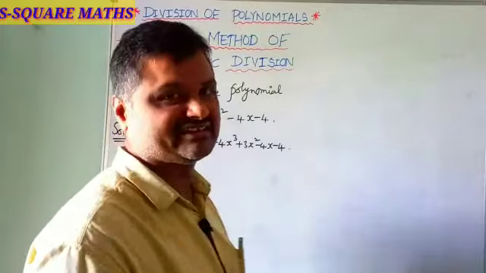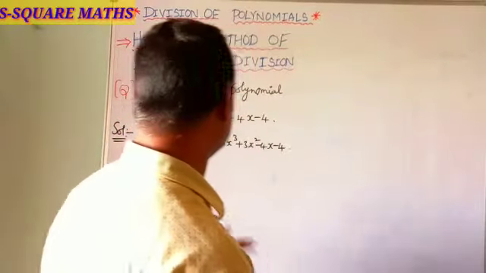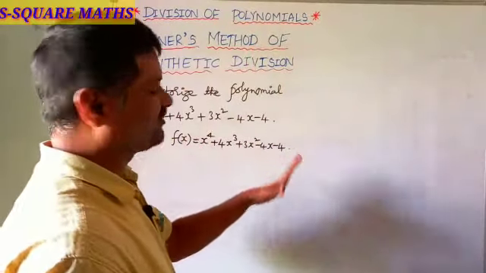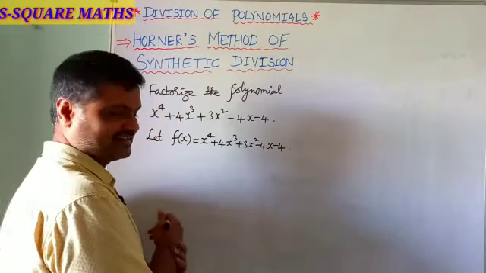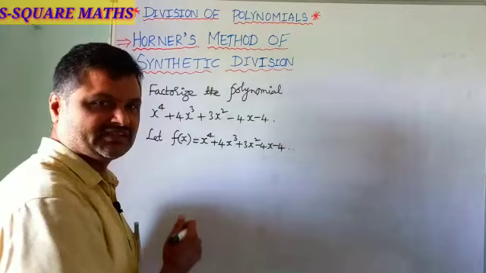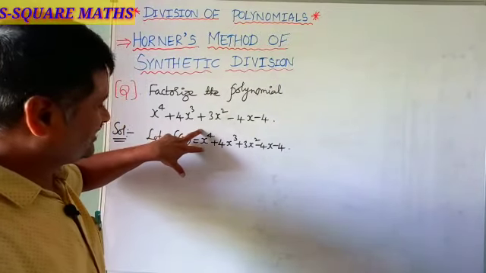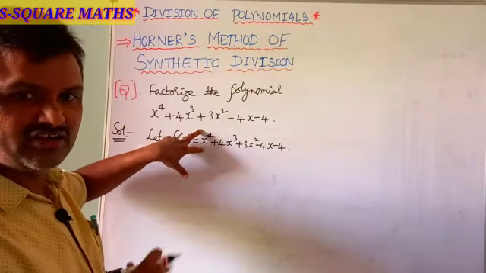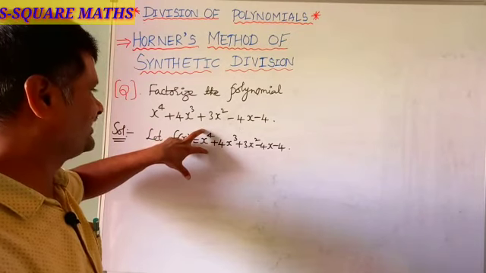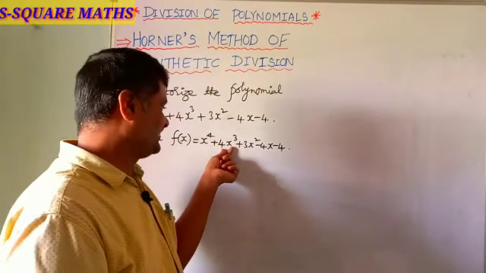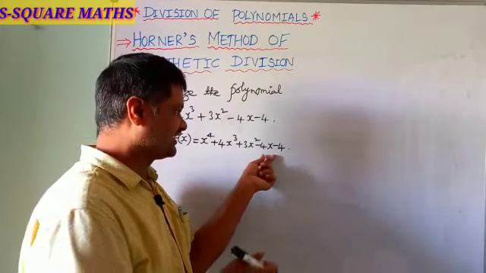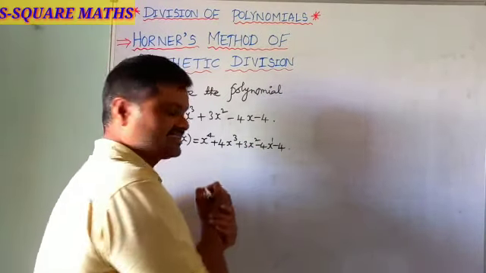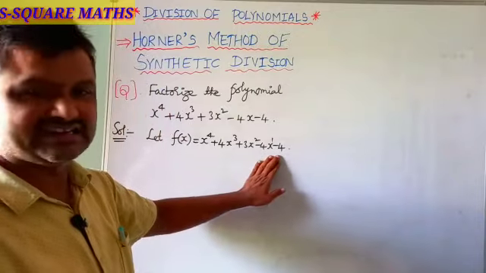How to check whether it is in standard form or not? Here there are 1, 2, 3, 4, 5 terms. In each term the variable is x, and the last is our constant. The degree of the term x power 4 is 4, the degree is 3 for 4x cube, for 3x square the degree is 2, minus 4x has degree 1, and minus 4 is a constant.